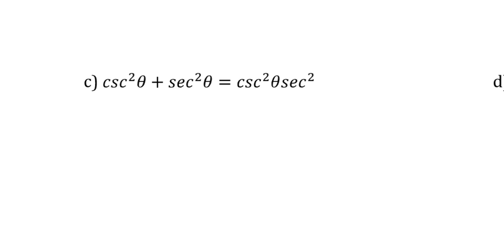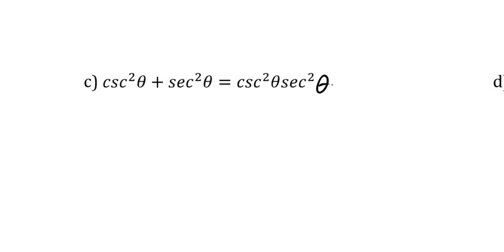Cosecant squared theta plus secant squared theta is not a Pythagorean identity. That doesn't mean it's not true. It just means it's not a given that it's true, and we're not allowed to replace it with 1. It's supposed to be secant squared.